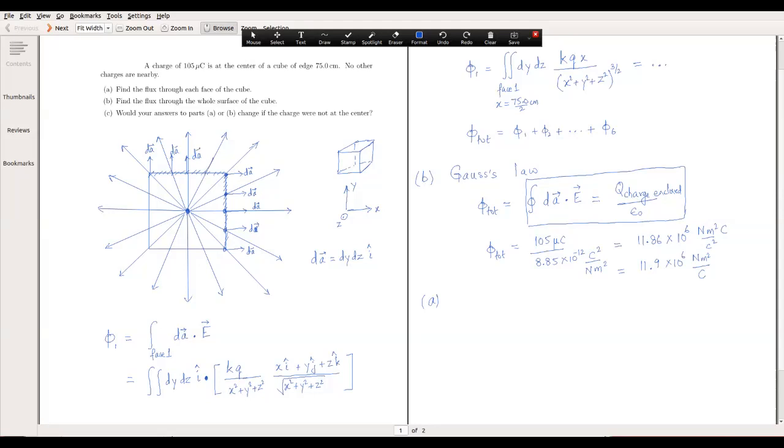So it's dA, and that's dA. Which means that flux being a scalar, they're all the same. So if the charge is at the center, the total flux is equal to 6 times the flux from a single face.